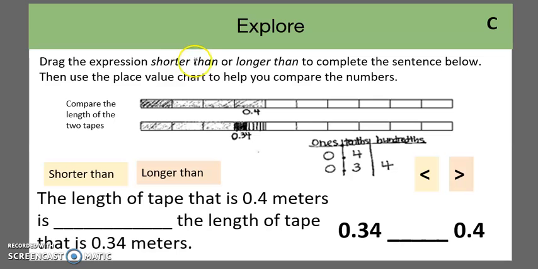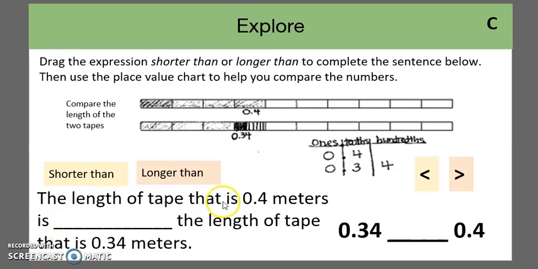Drag the expression shorter than or longer than to complete the sentence below. Then use the place value chart to help you compare the numbers. Here we see two values, 0 and 4/10 and 0 and 34 hundredths. We also see it located in this chart as well, and we have some sentences provided.